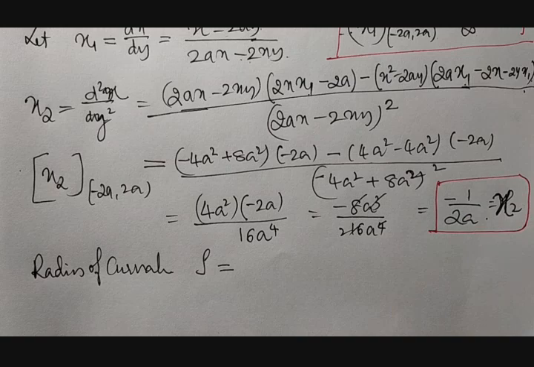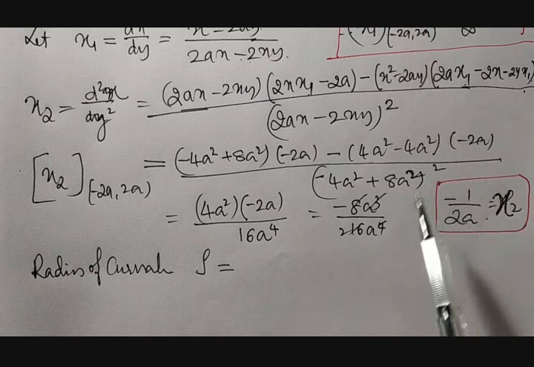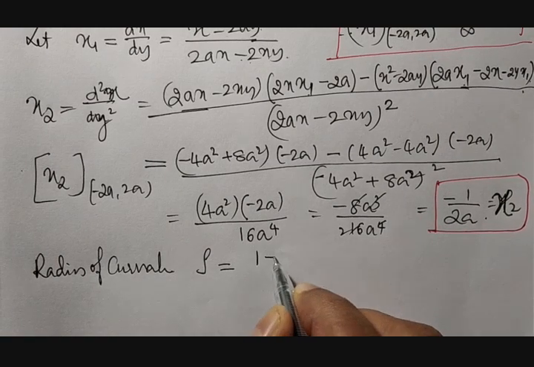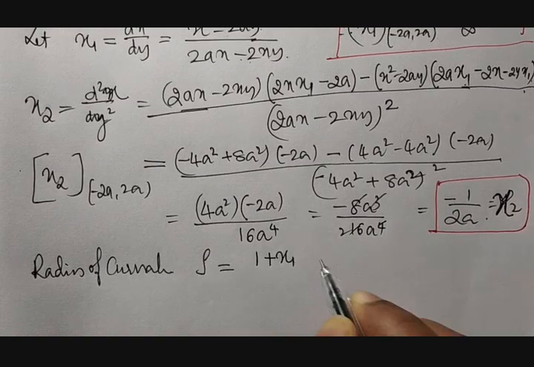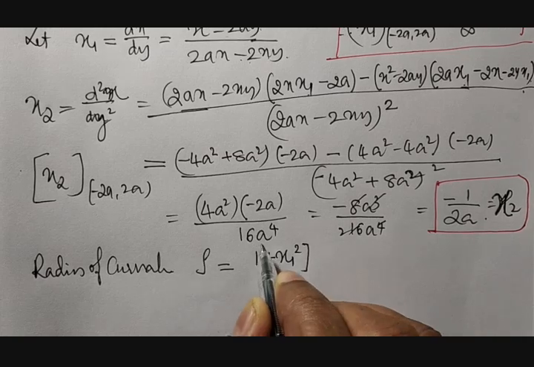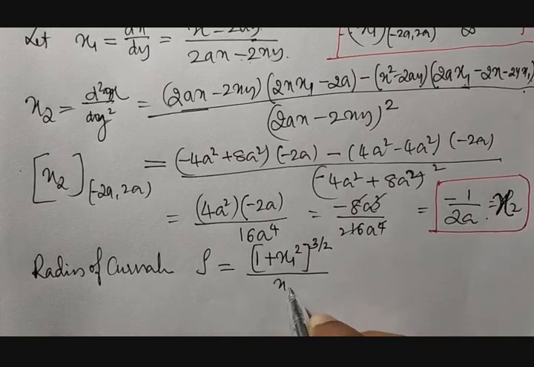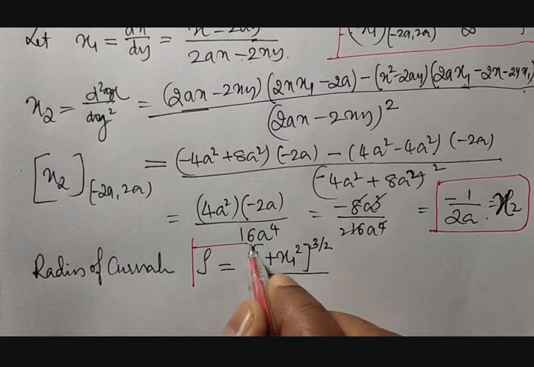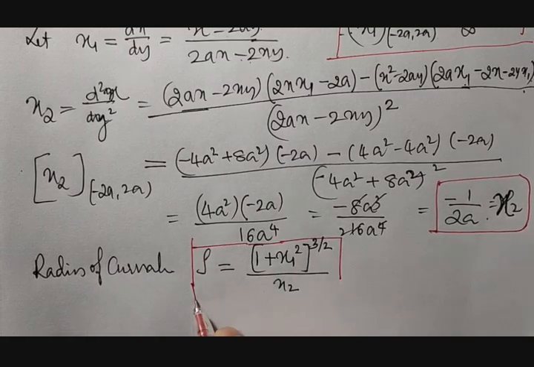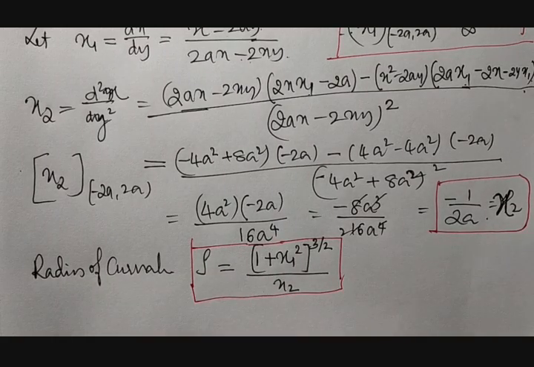What it says is that if y1 becomes infinity, then we need to move to the next part, that is, instead of y1 we have to take x1, 1 plus x1 square raised to 3 by 2 divided by x2. So this is the formula. Fine.